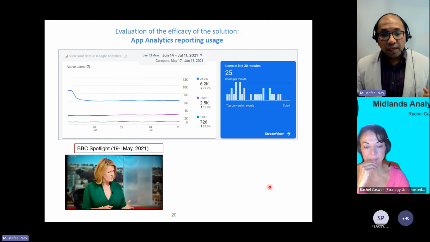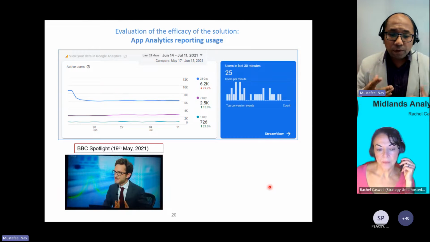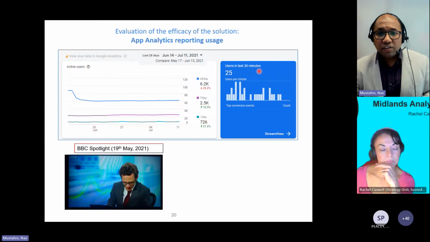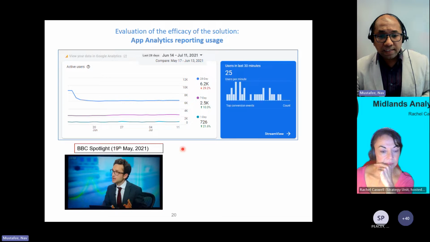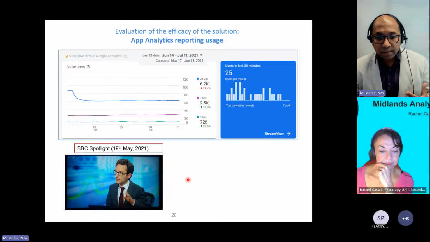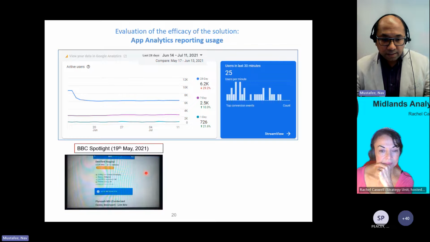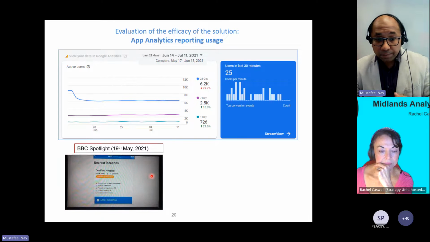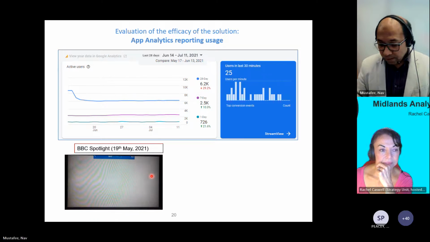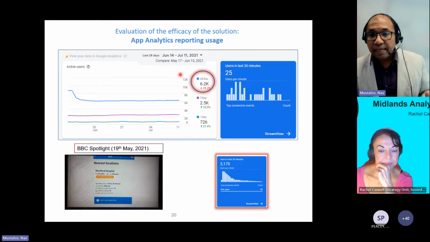Okay. So just to show how publicity affects usage, this was shown in the BBC Spotlight on 19th May, and at that point in time I captured the data. At this point, the person in the news is actually showing our app, NHSquicker, and at that point you see it just spiked.